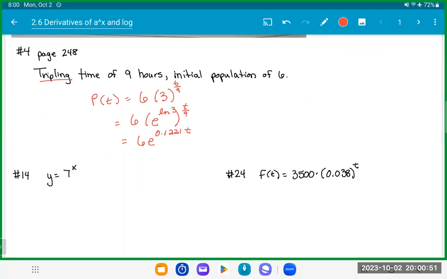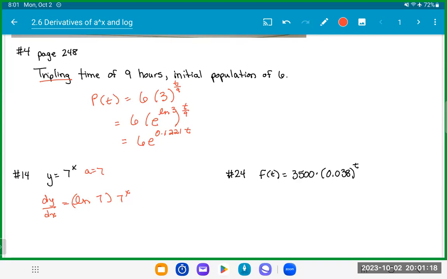In this case, dy/dx is equal to ln of a, and a is 7, so ln of 7 times 7 raised to the x. And that's all there is to that problem. That's just applying theorem 12. Okay?